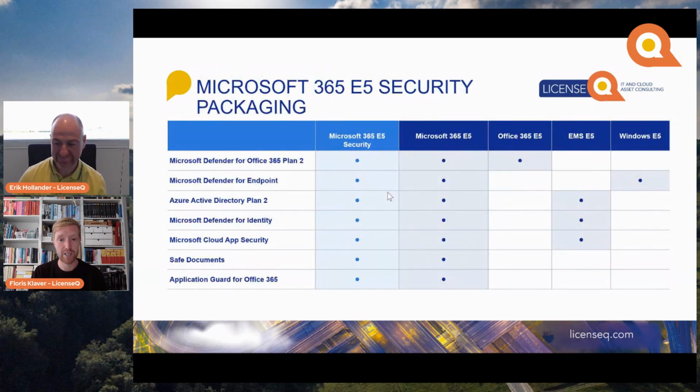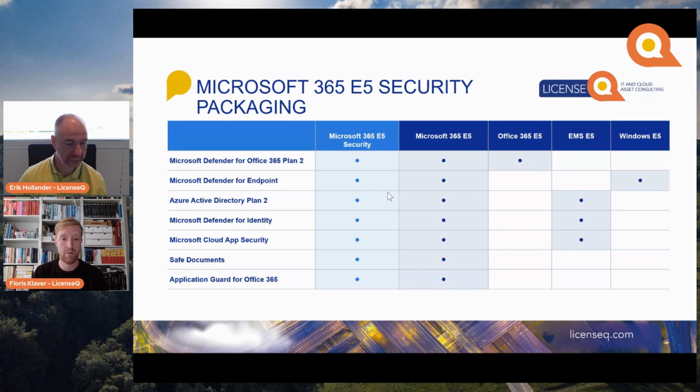So, security packaging. On the left-hand side, all the products that are in Microsoft 365 E5 security. That's a large suite of security services that Microsoft is offering. It's all included in the E5 suite, and it's a bit fragmented across the different suites within Microsoft 365 E5.